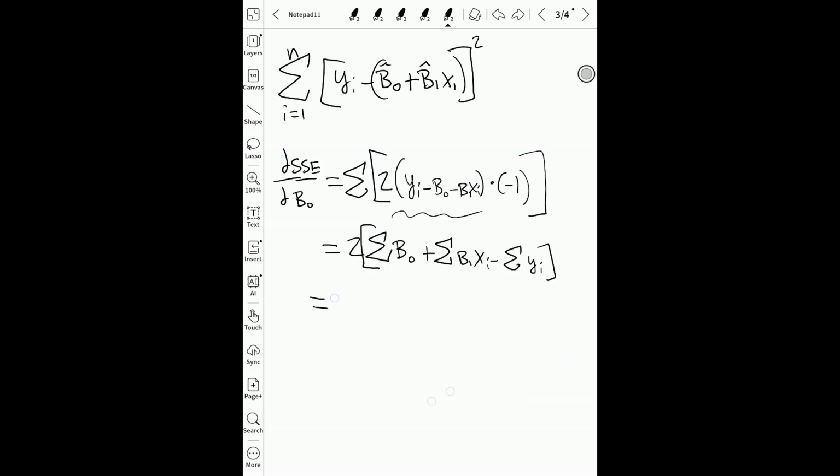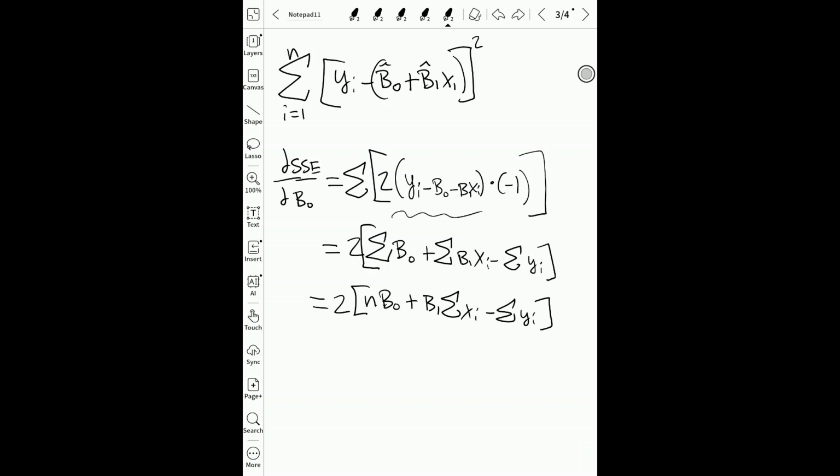We can do a little more to clean this up. Beta naughts are constant, so the sum of them is just n times beta naught. Plus, we can pull the beta 1 to the front: beta 1 times the sum of xi, minus the sum of yi. That's as far as we're going to go with beta naught.